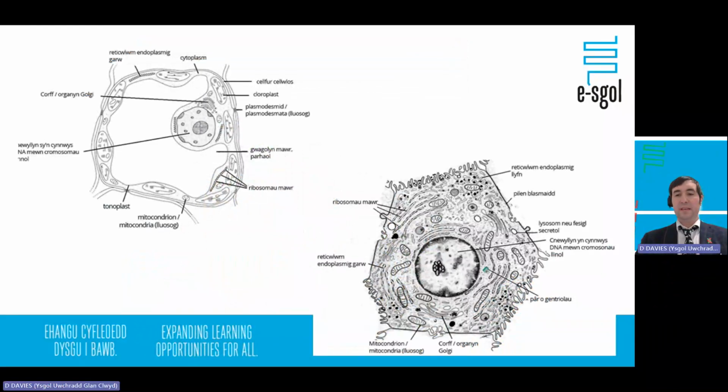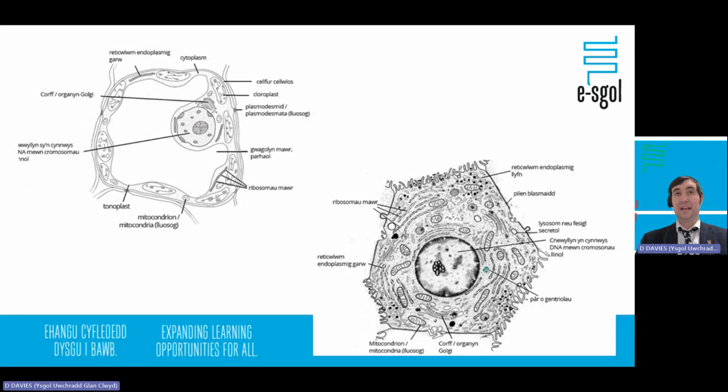One of the big things that students have a problem with is identifying the organelles in different cells. You are going to get a picture in your exam paper that you've never seen before, but you need to be able to identify all of the organelles. So that can be difficult.